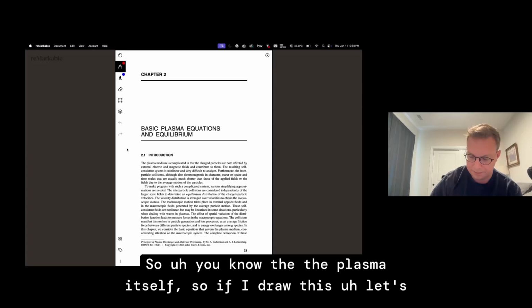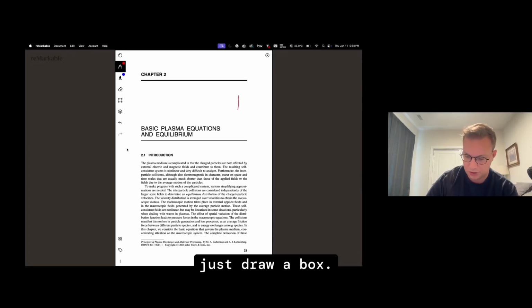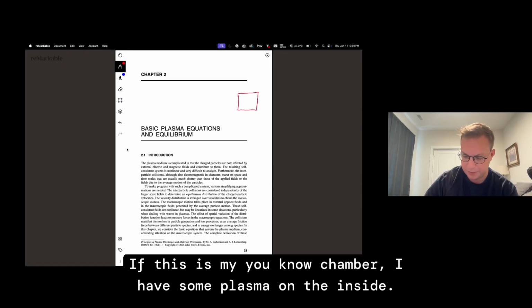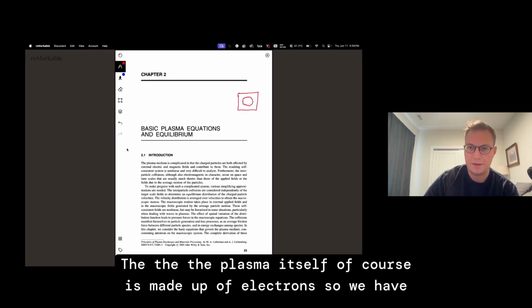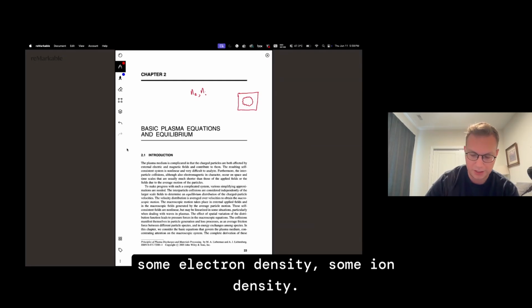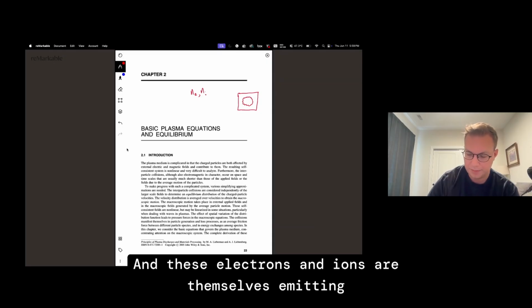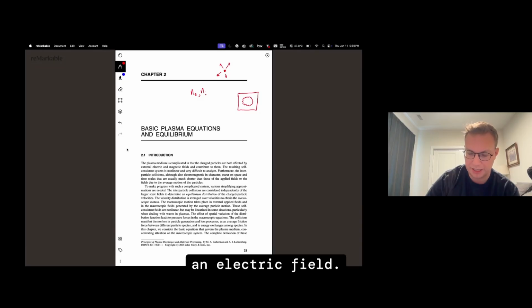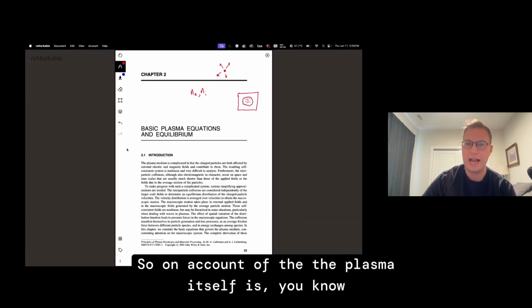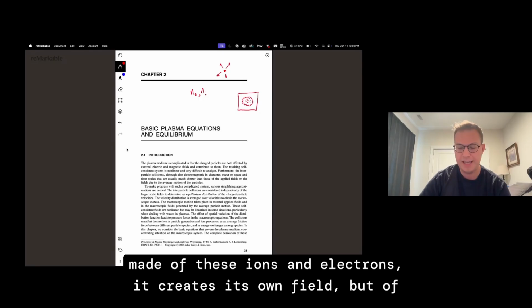So, the plasma itself. If I draw this, let's just draw a box. If this is my chamber, I have some plasma on the inside. The plasma itself, of course, is made up of electrons, so we have some electron density, some ion density. And these electrons and ions are themselves emitting an electric field. On account of the plasma being made of these ions and electrons, it creates its own field.